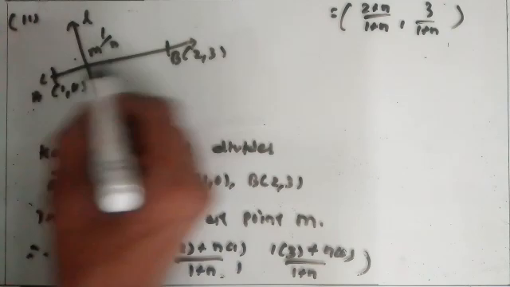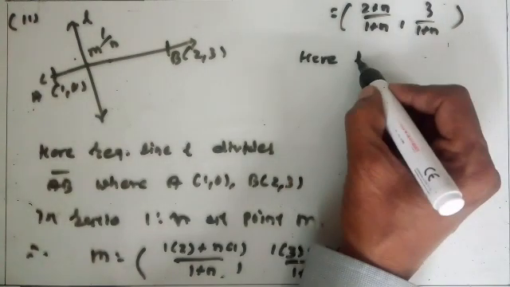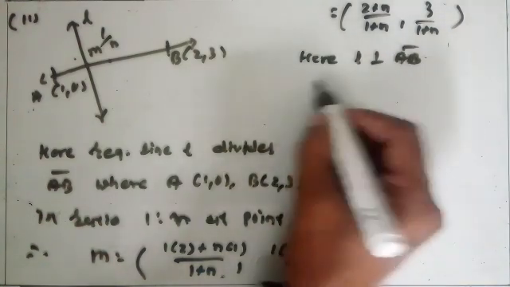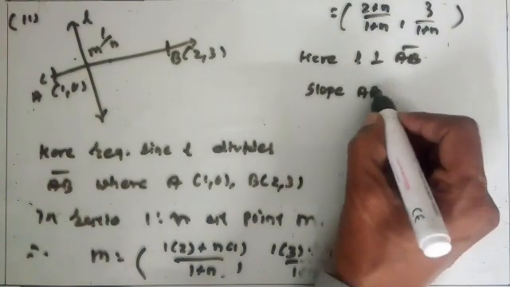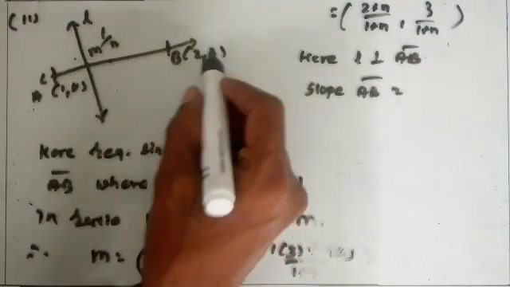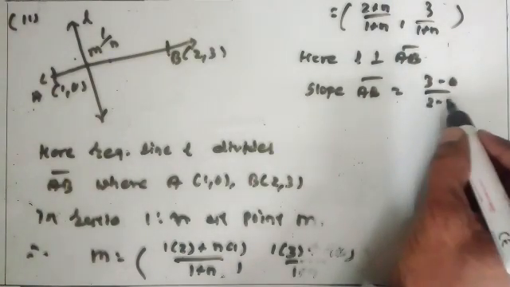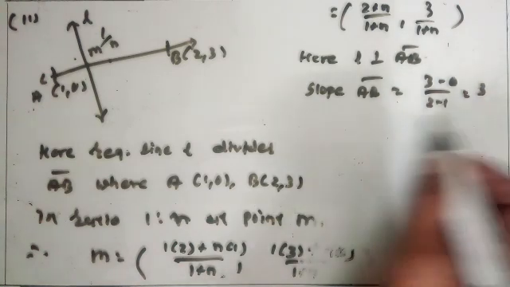And this line L is perpendicular to AB. The slope of AB is equal to (3 - 0) upon (2 - 1), which is 3 upon 1.